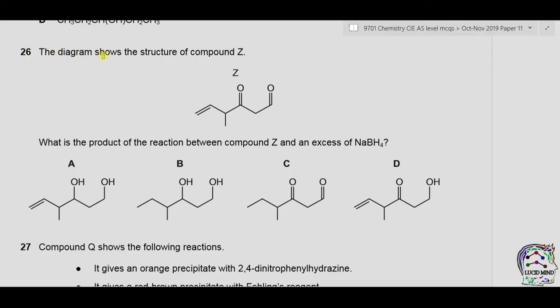Question 26. The diagram shows the structure of compound Z. This is compound Z. We have alkene, ketone and aldehyde functional groups present. What is the product of the reaction between compound Z and an excess of NaBH4? Now we know that NaBH4 is a reducing agent.